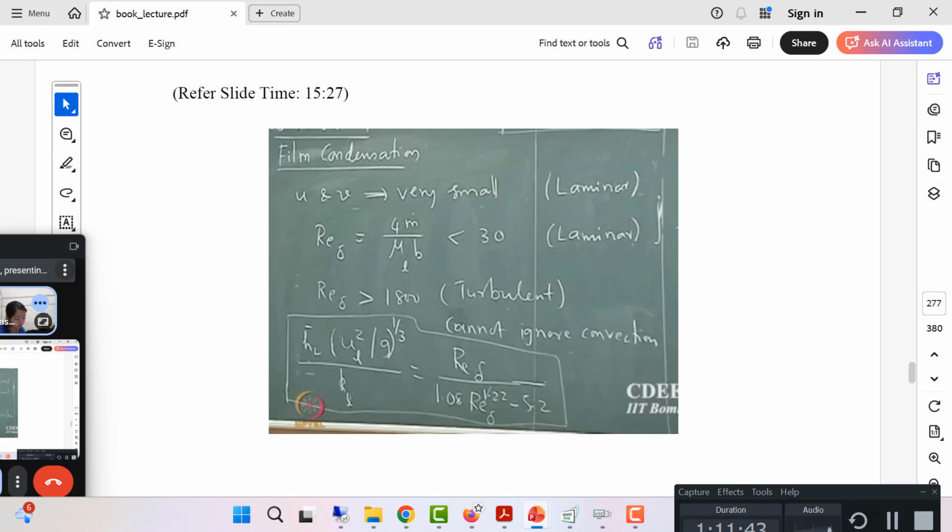This one. Okay, but we don't know any of the variables. HL also we don't know, RE also we don't know, m dot also we don't know. So instead of m dot we can also write, or instead of RE we can also write this formula. Sorry, I have not been showing.